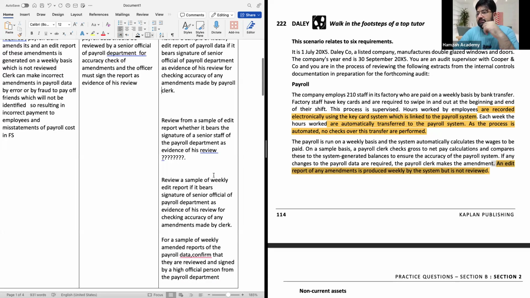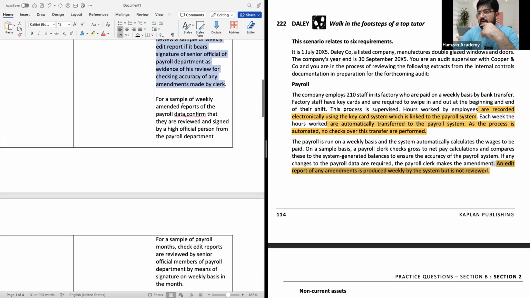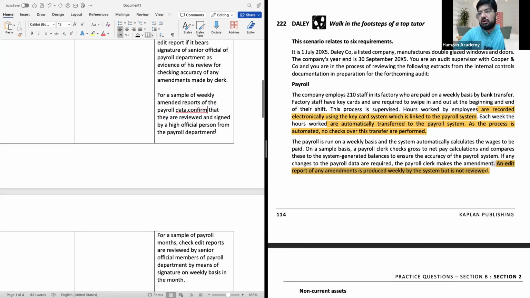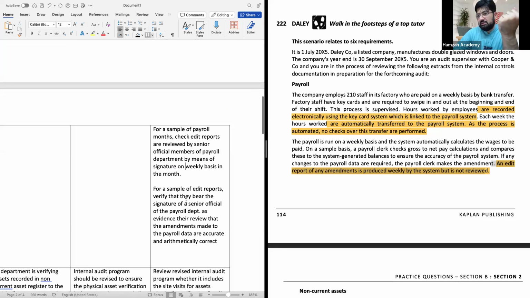Very good. To review a sample of weekly report. I have already done, by the way. For a sample of weekly amendment reports of payroll data, confirm they are reviewed and signed. How to confirm? You have to verify signature. Incomplete. Reviewed for what? As evidence of checking the accuracy of data.